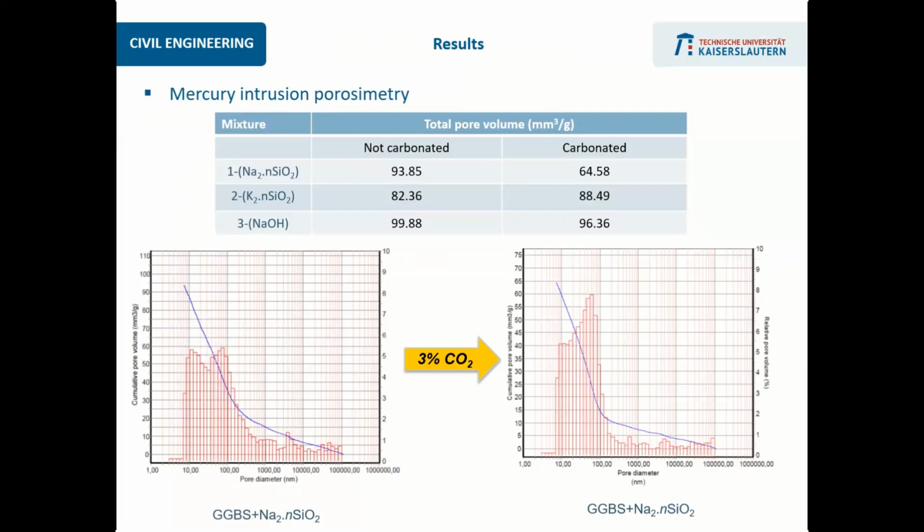And in the right diagram, we can observe the pore diameter distribution of the mortars which were carbonated, and we cannot see any considerable changes in the distribution of pore diameter.